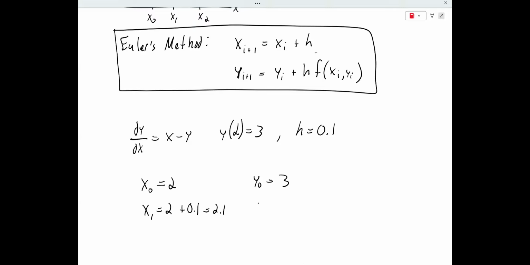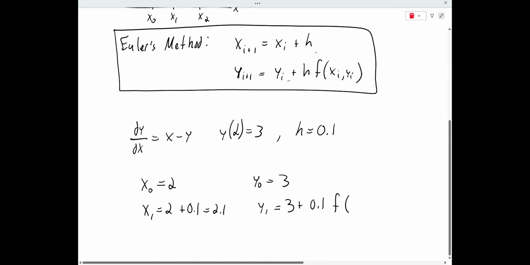And then y sub 1 would be equal to y sub 0, which would be 3, plus the step size, which is 0.1, times the function evaluated at these numbers, x sub i, y sub i, 2, 3. So then you crunch this out.